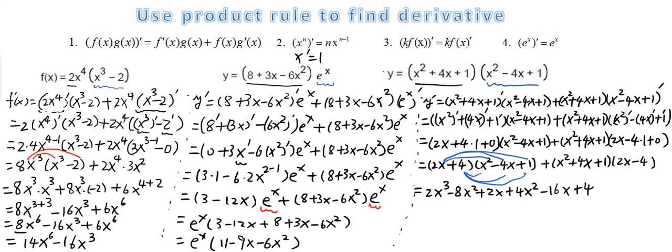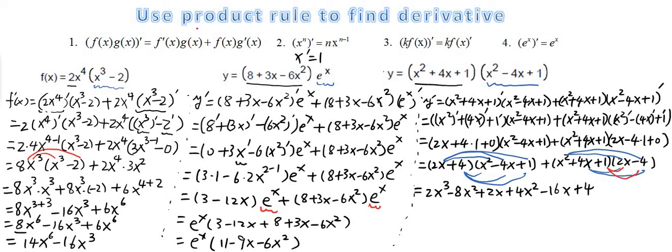Okay, now we're going to follow the same strategy. We do the distribution for the second term. So x squared times 2x, x squared times negative 4, and 4x times 2x, 4x times negative 4. And the last term should be 1 times 2x, and 1 times negative 4.